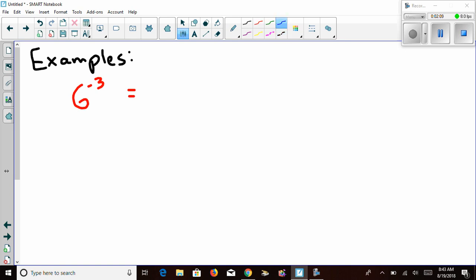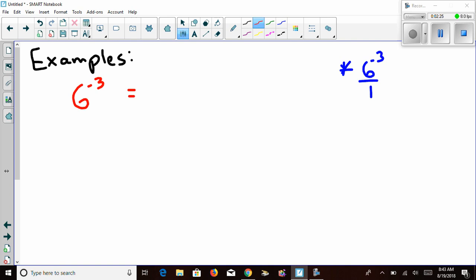As a side note, something to think about is if I take 6 to the negative 3, I can turn it into a fraction by putting it over 1, telling me that 6 to the negative 3 is actually on top.